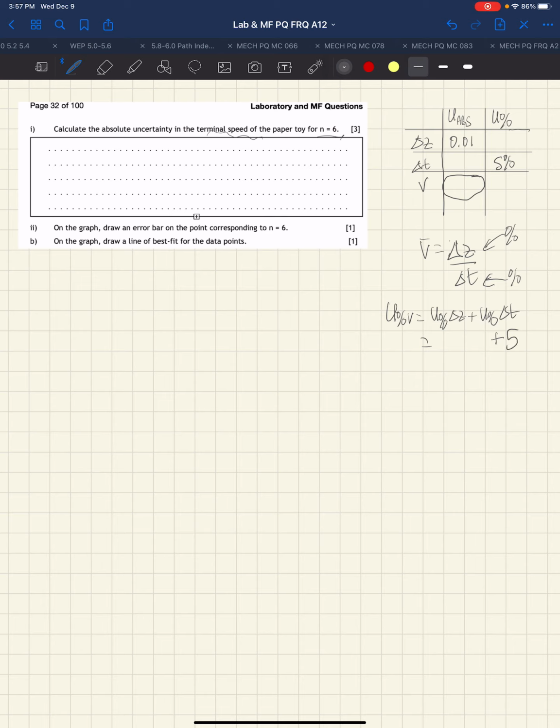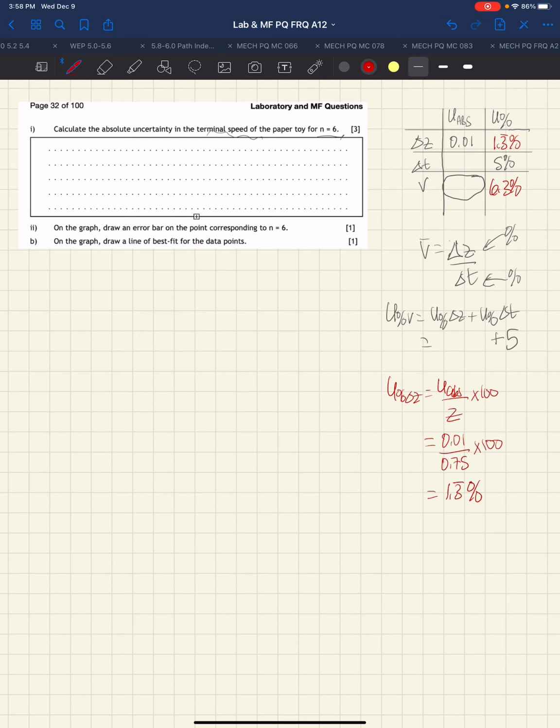We just need the percent uncertainty in delta Z, which is the absolute uncertainty divided by the value of Z times 100. The absolute uncertainty is 0.01, the value of Z is 0.75, and that gives us a percent uncertainty of 1.3 repeating percent. So the percent uncertainty in V is 6.3%.